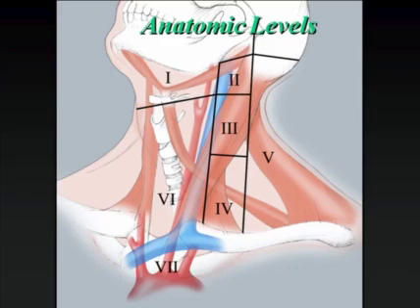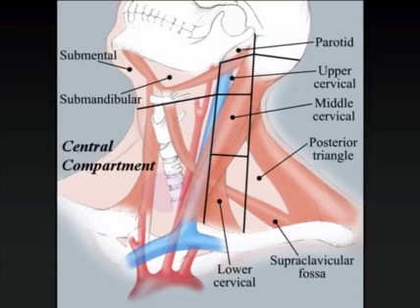Well, that's right around the submandibular gland. In the mid portion of the neck, that's level 3, the lower portion 4, and posterior triangle 5, etc. And you'll also hear the term the central compartment, and these relate to nodes in the bed of the thyroid that are removed at the time of total thyroidectomy. So that's an important anatomic area as well. And we'll talk about recurrence in the central compartment for thyroid cancer.